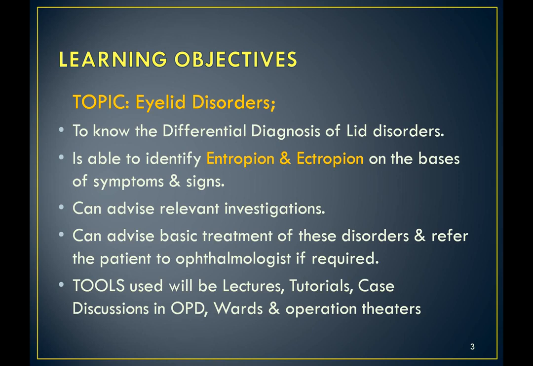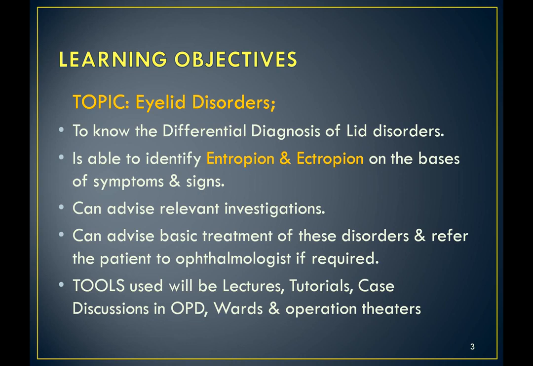You should be able to identify them on the basis of clinical presentation of the patient. Patient will not come up with the diagnosis. They will come up with presentation like symptoms and signs from which you will be able to diagnose. If you know the basics of the disease, you will be able to diagnose whether it is Entropion or Ectropion or any other lid abnormality.